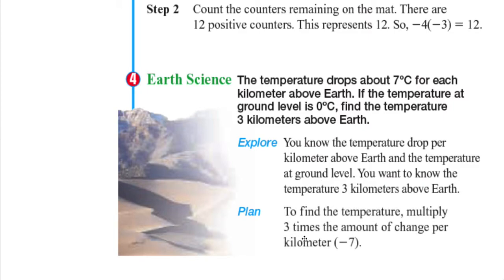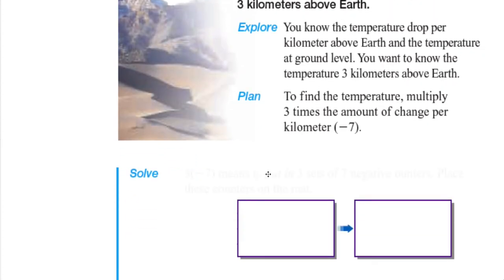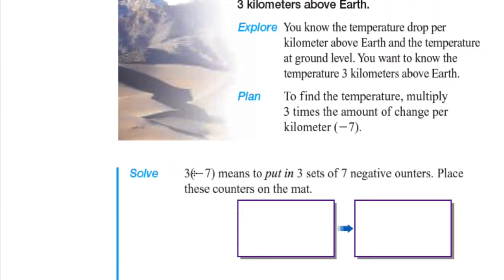We need to multiply 3 times the amount of change per kilometer, which is in this case negative 7 degrees. Why negative 7 degrees? Because it drops 7 degrees for each kilometer. So to solve this, we need to multiply 3 times negative 7, which means to put in 3 sets of 7 negative counters and place the counters on the mat.